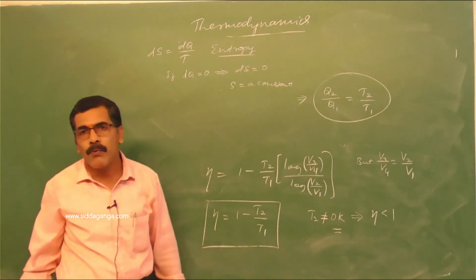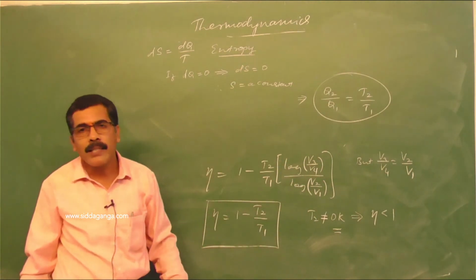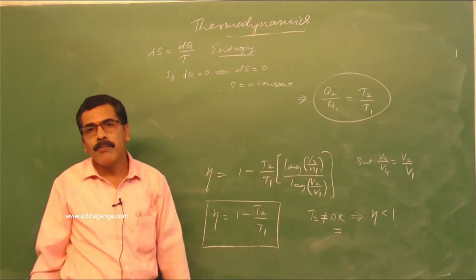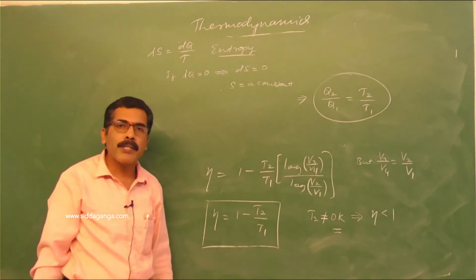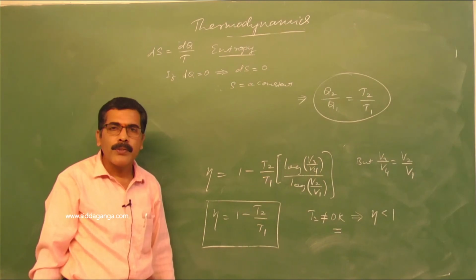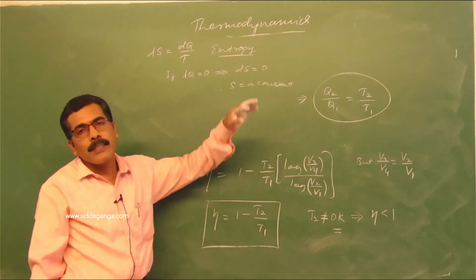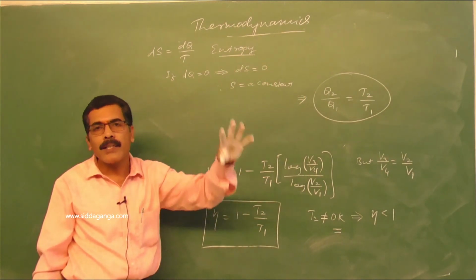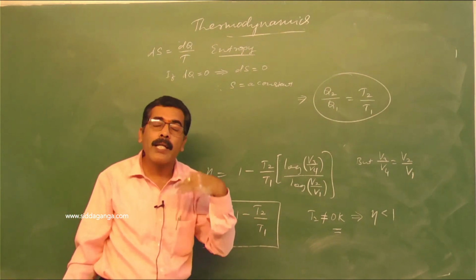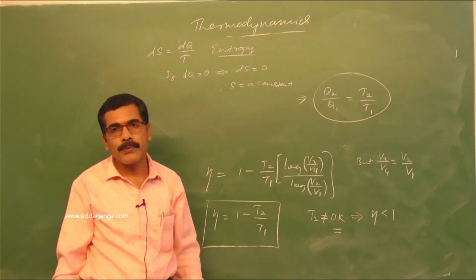Entropy is a physical quantity which remains constant during an ideal reversible adiabatic process. During an adiabatic process, the entropy of the system remains constant.